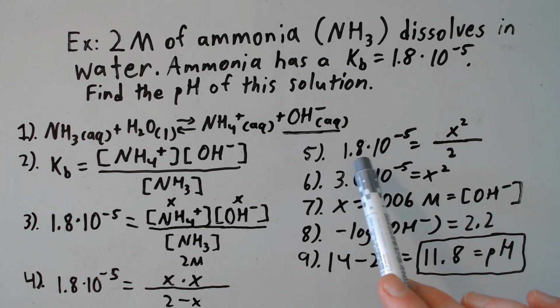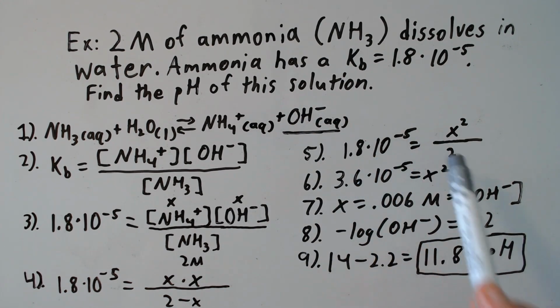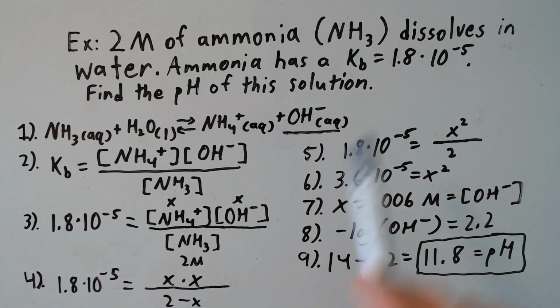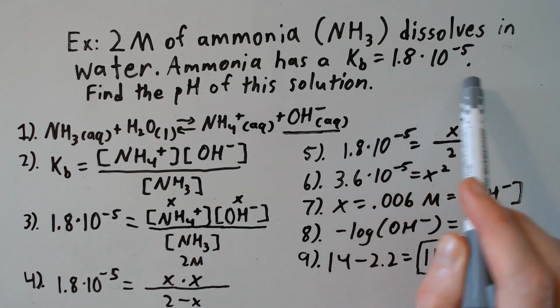We take the 1.8 times 10 to the negative fifth, and we can take out this minus x right here. Why is that? This is because of our small number approximation, similarly to the acid problems. This is because the 2 molar initial concentration of NH3 is definitely more than 100 times greater than its Kb, 1.8 times 10 to the negative fifth.